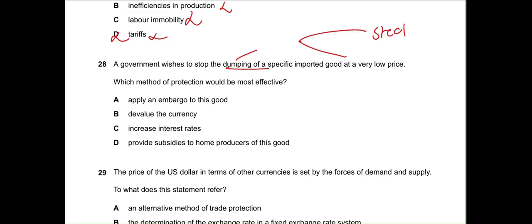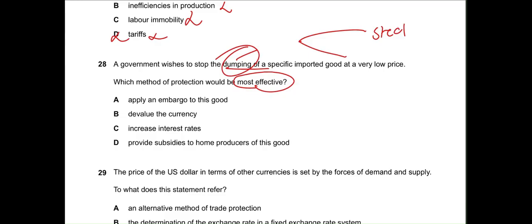The domestic companies can produce and sell, but Chinese companies are able to sell the same steel at a lower price. That is dumping. So the question is, which method of protection would be the most effective?